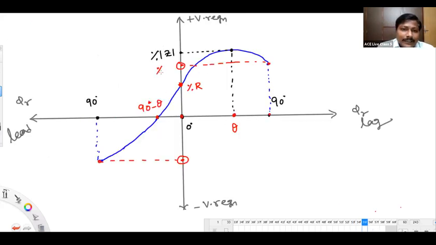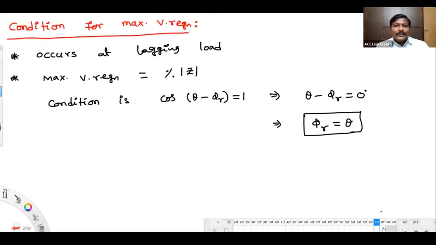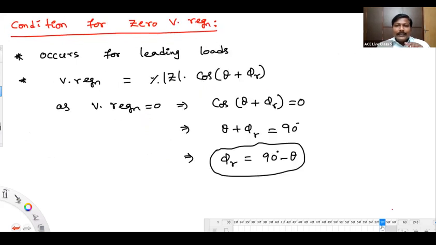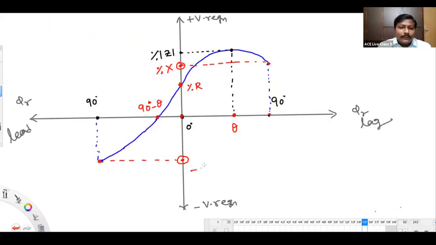X. So it will be percentage X. And 90 degree leading side, if you see this leading equation, if you keep 90 degree here, cos of 90 plus theta will be minus sin theta. So it will be minus percentage X. So this is the whole thing about the voltage regulation curve and the condition for maximum voltage regulation and zero voltage regulation.